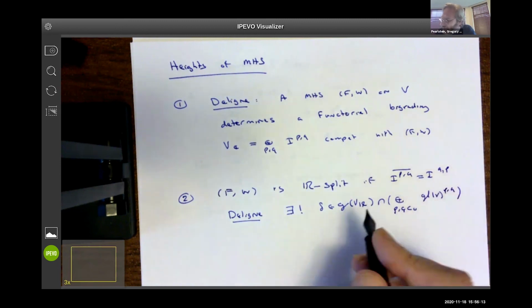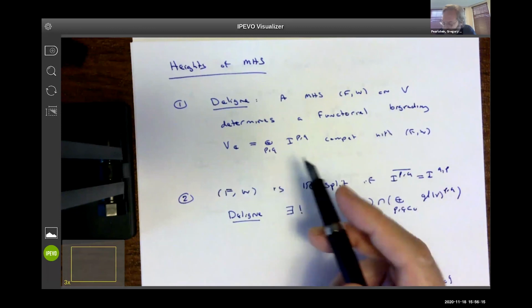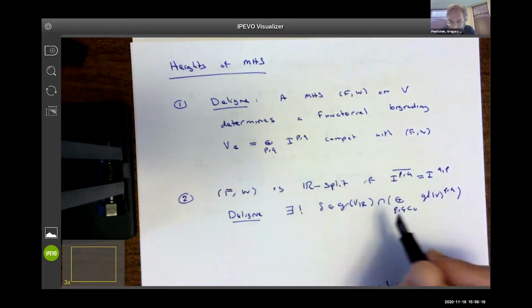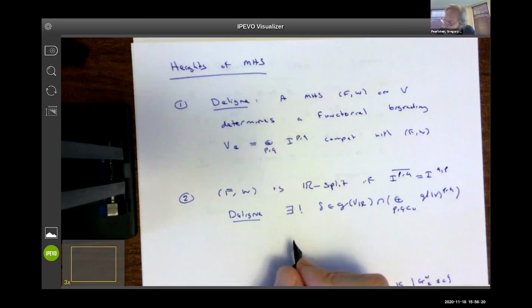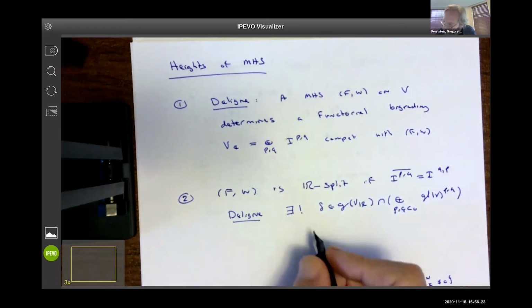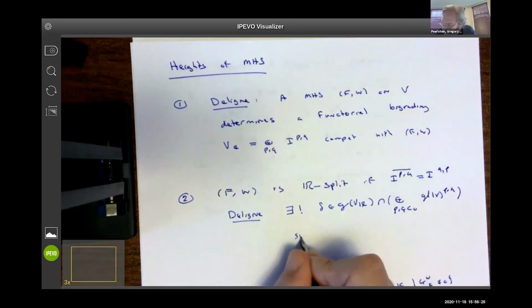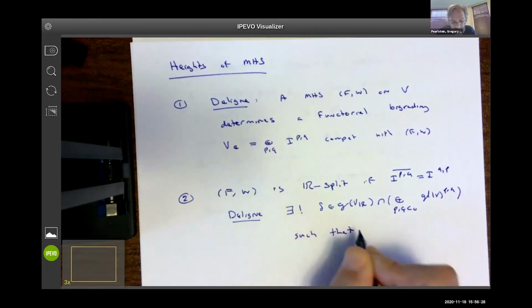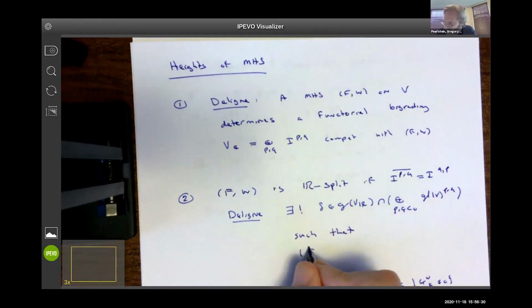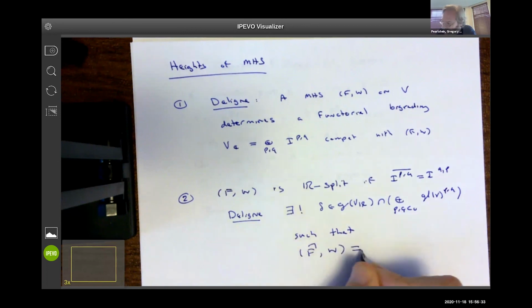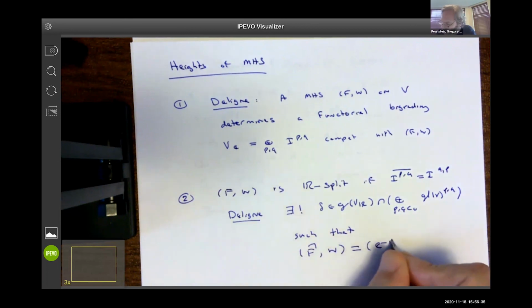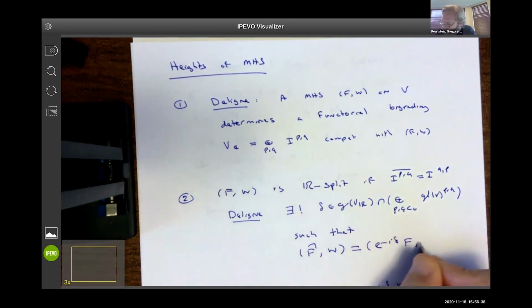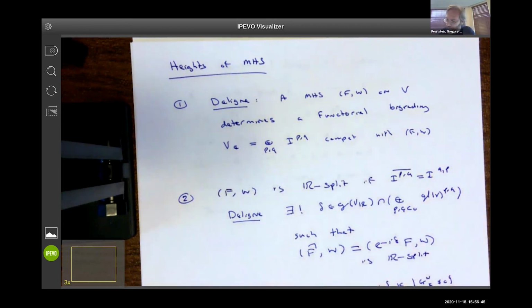Okay, so if you have a mixed Hodge structure on V, you get a mixed Hodge structure on the endomorphisms of V. That's what these GL(V)^{p,q}s are, such that F hat, W, which is e to the minus i delta applied to (F, W), is R-split.